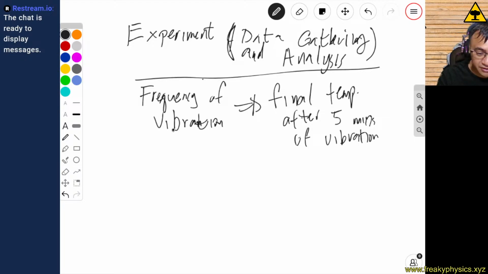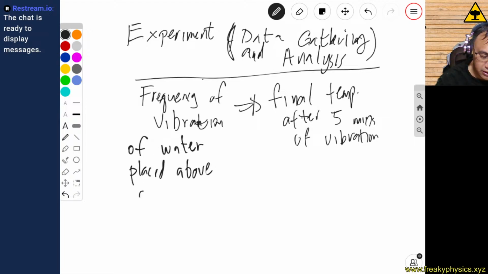The reason being, I didn't say here what's vibrating. You must state everything you can specify in the experiment. So in this case, let's say that this is the frequency of vibration of water placed above a 5 cm speaker.